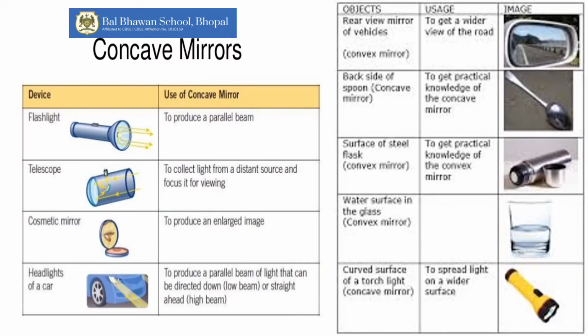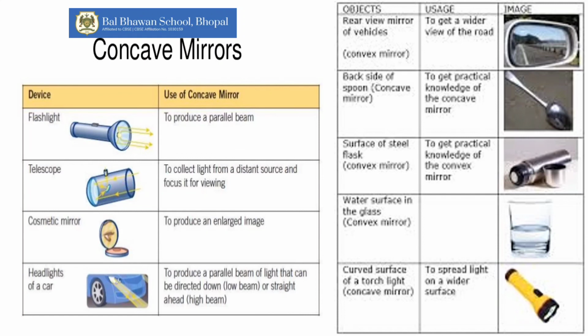Now let us quickly discuss what are the uses of concave mirrors. Concave mirrors are used to produce a parallel beam. They are used in telescopes, to collect light from a distant source and focus it for viewing. Telescope, you all know that we use it in looking at stars.